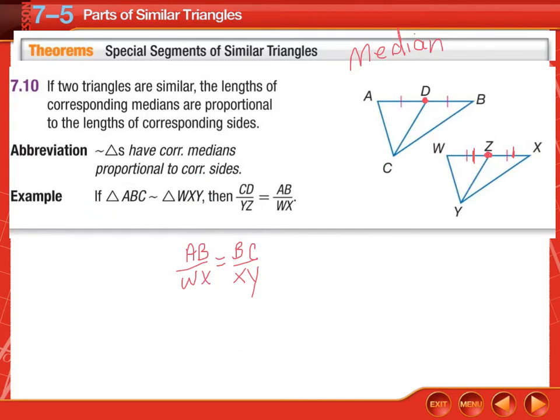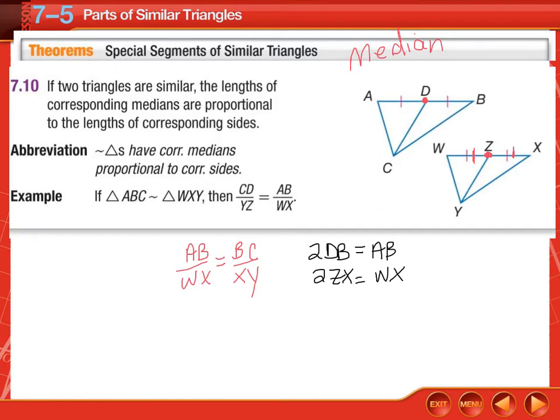Well, we also know that twice DB equals AB, and twice ZX equals WX, because they're being bisected, they're being cut into two equal halves.